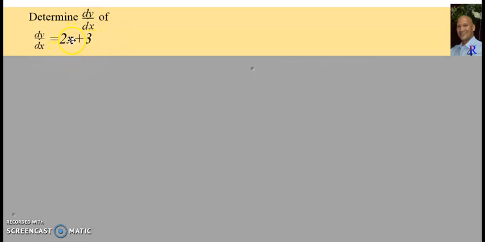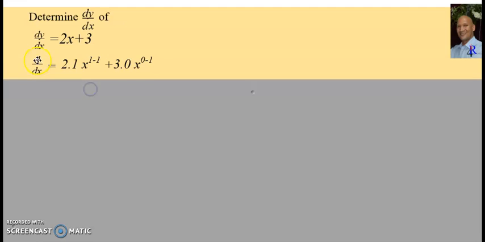So here I have exponent of 1 multiplied with 2, then x to the power of 0 multiplied by 3. The moment I differentiate, I drop my y.